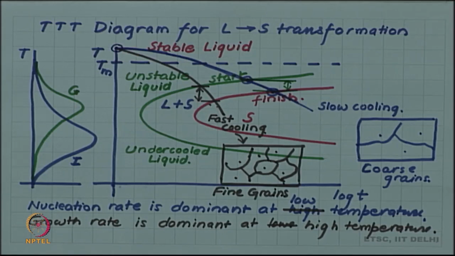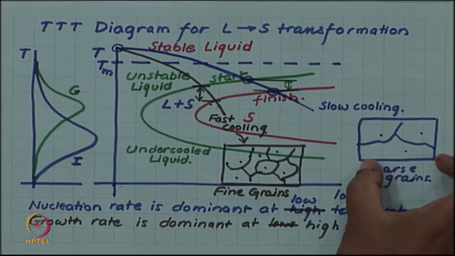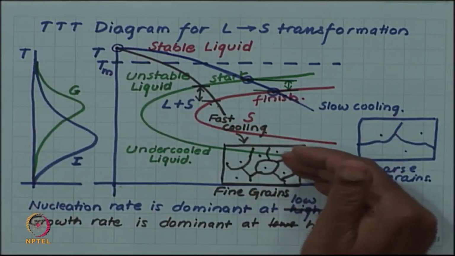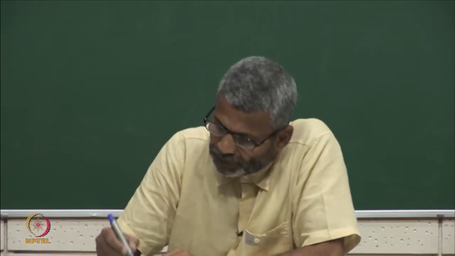So, this is a normal observation in the cooling of a liquid, that if you cool it slowly, then you have coarse grains. If you cool faster, then you have fine grains. We will end this with one more interesting case.